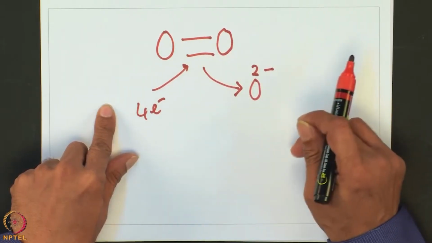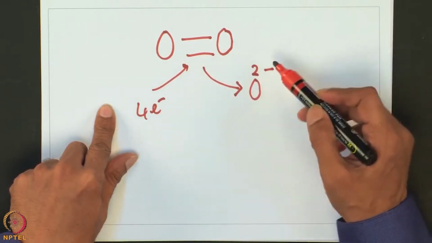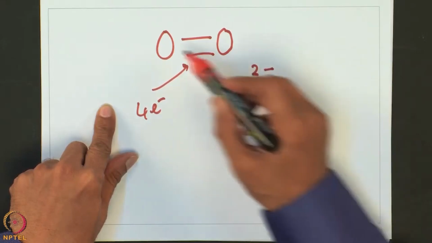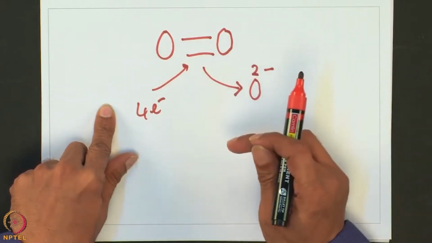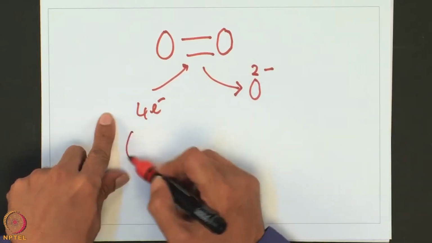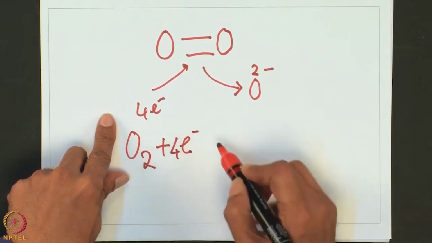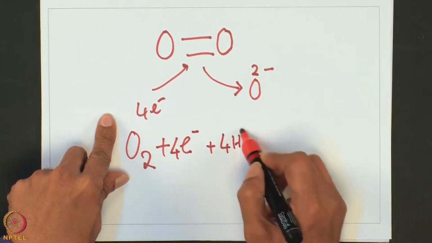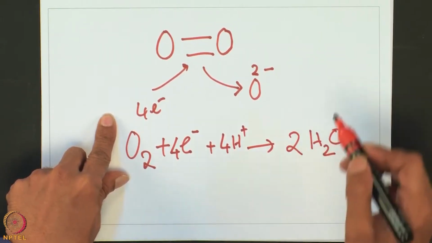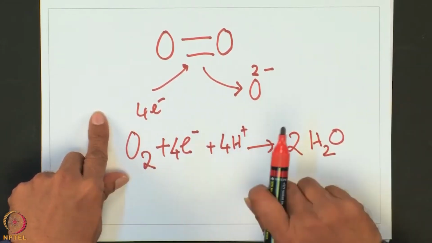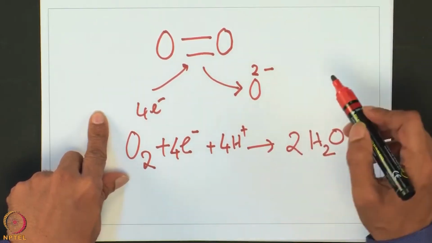That is because the number of bonding electrons minus the number of antibonding electrons should become 0, in order to take the bonding out. So, in other words, the O2 adds 4 electrons and in the presence of 4 protons gives 2 H2O. If there is no substrate, both the oxygens will go to the water. This is what we call O2 activation.